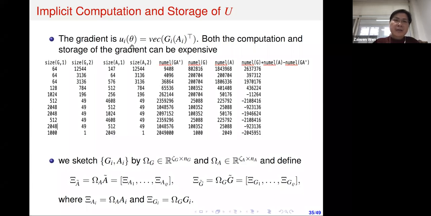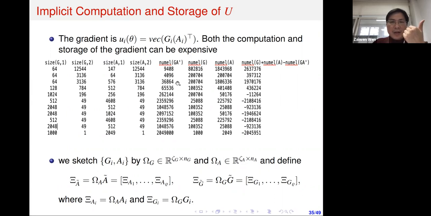Let's explain the reason. Let's take a look at the gradient. The gradient is a combination of those two matrices, so the storage of the gradient itself can be expensive. Why? Let's count the dimension of G, A, and the gradient. This is the size of G, the size of A, and the size of the gradient.